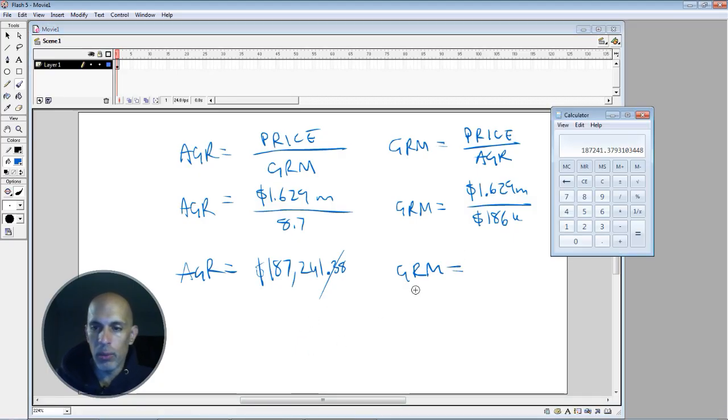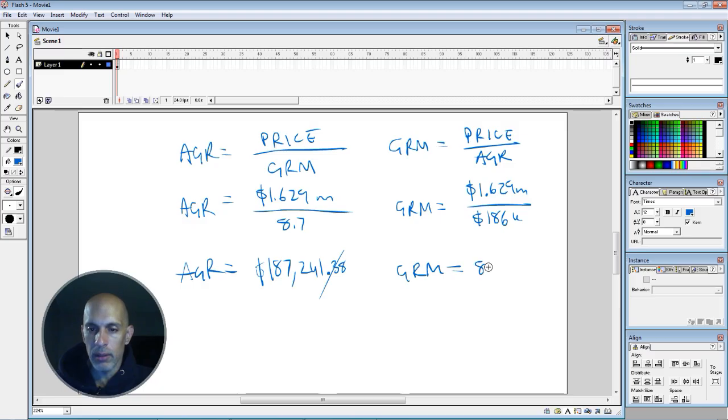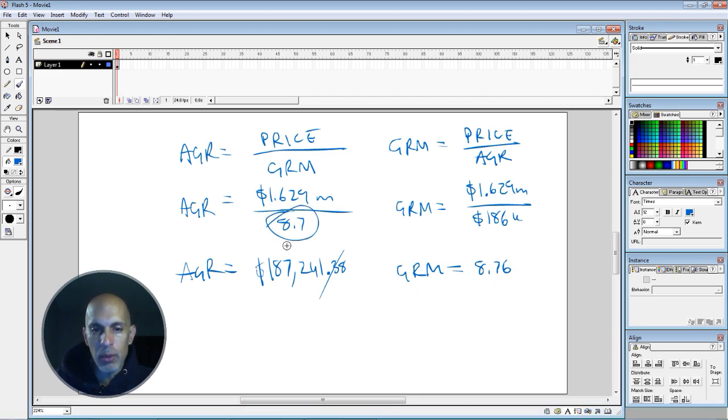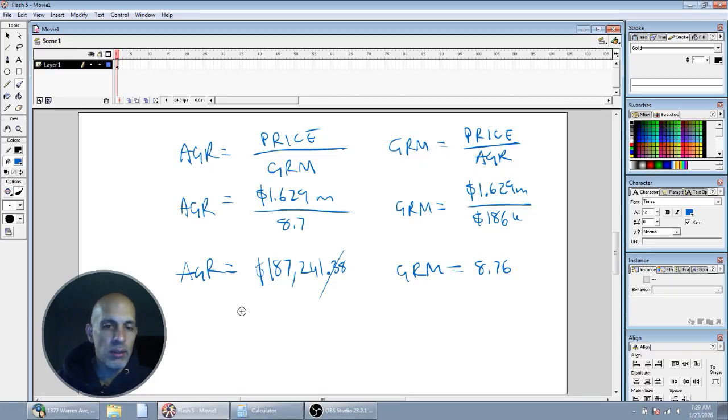And let's see what our gross rent multiplier is if we divide by 186. 1,629,123 divided by 186,000 is 8.76. So 8.7 versus 8.76. And that's because the bigger this number is, the smaller this number is. Because 8.76 is bigger than 8.70, so this number ends up being smaller than this number. Does that make sense? Cool.